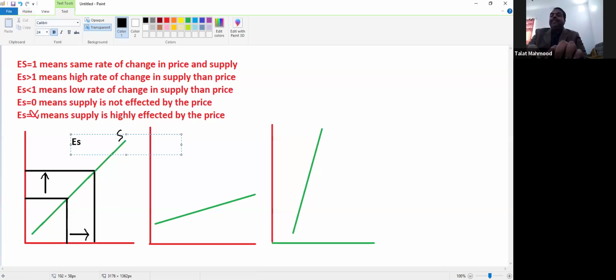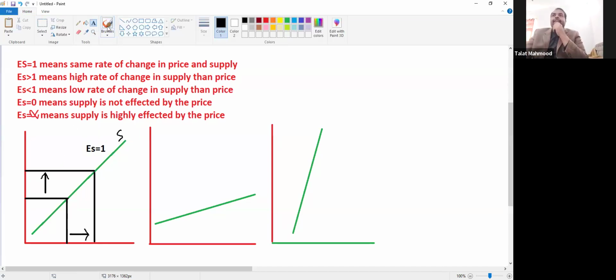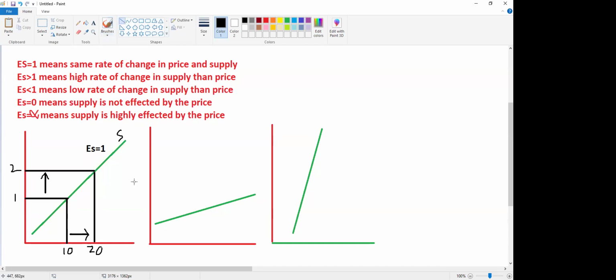It will be equal to 1, because it is causing the same change in price and supply. Price is 1 and it increases to 2. Supply was 10 and it has increased to 20. So it is the same rate of change. Got it? Yes, sir. Okay.